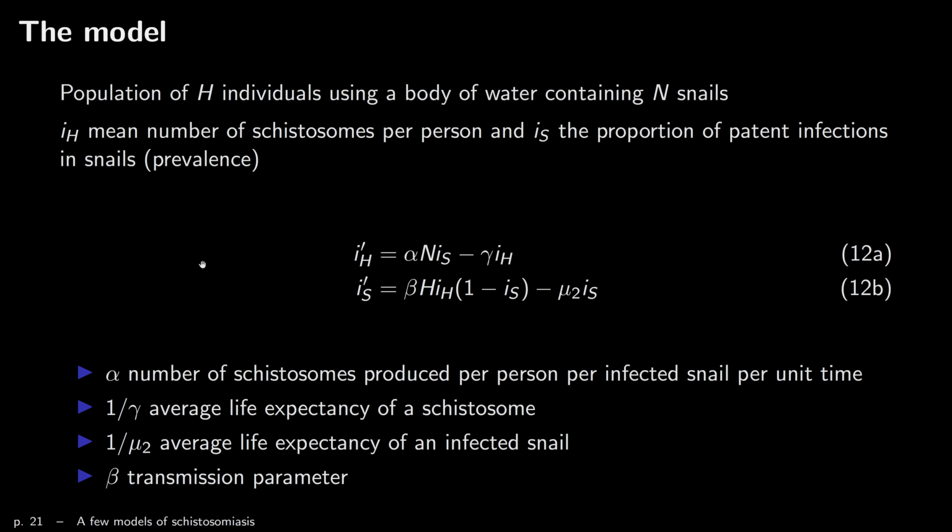So the model is very simple. The variation of the number of schistosomes per human is alpha times the number of snails times the proportion of snails that have a patent infection. Again, I'll stress this.